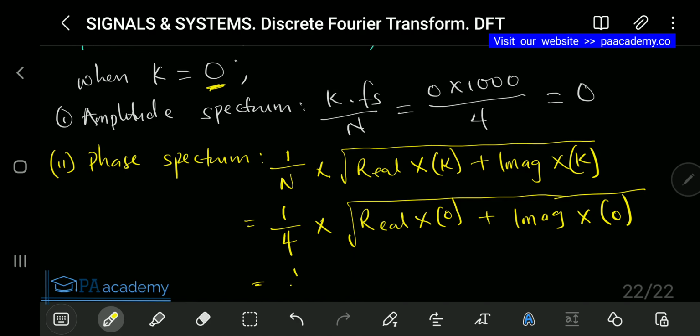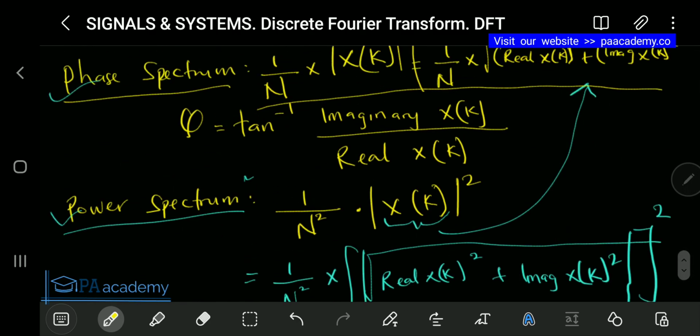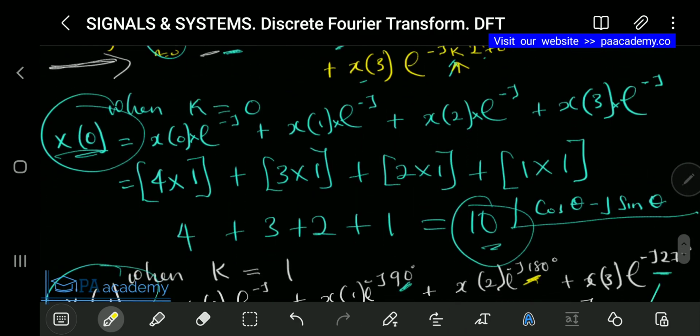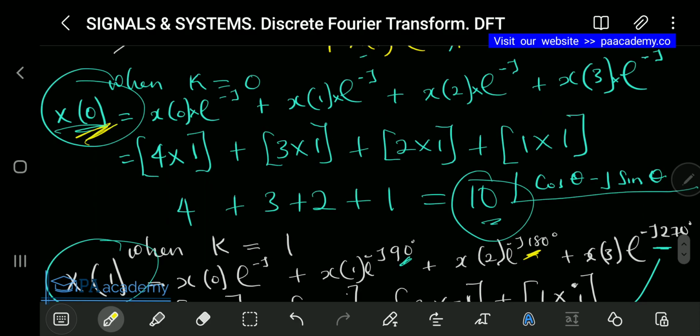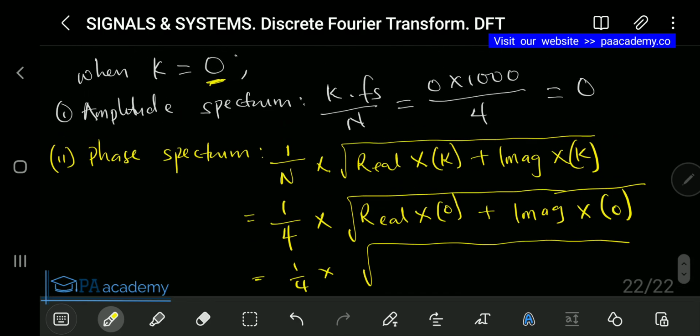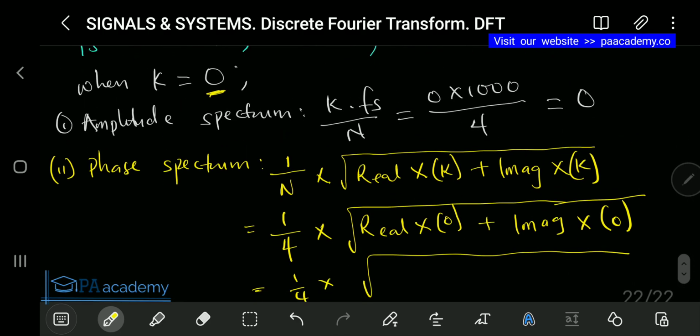So that would be 1 over 4 times the square root of... Now let's go to the A part, when we solved the A part of this question when k is equal to 0. So let's go back to that question. You can see it. When k was 0, we got our answer to be 10. And since the answer is just 10, that means our real is 10 and our imaginary is 0. Exactly. So that means our real is 10.